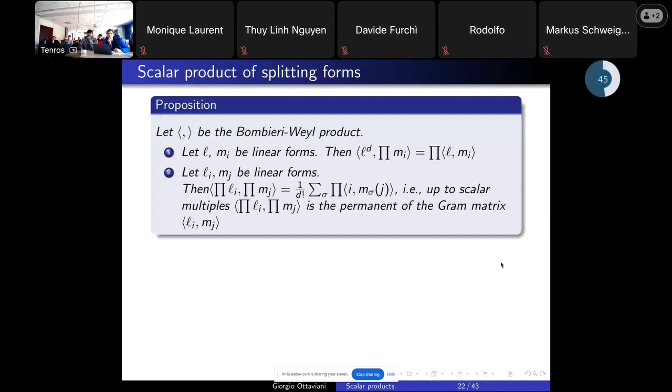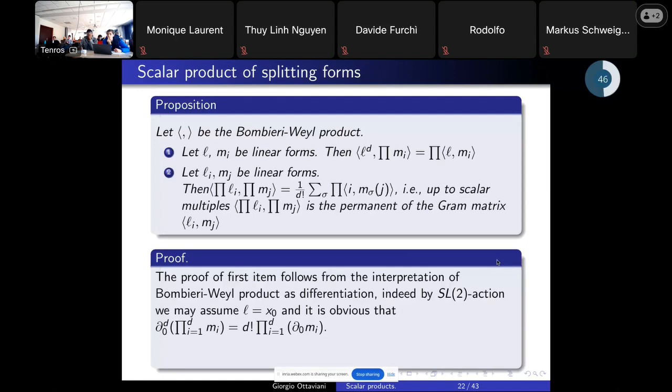And this is interesting because it gives a relation with the permanent. So if you have the polar product of two splitting forms, the expression you get is similar to the determinant, but with all plus. So this is exactly the permanent of the Gram matrix, which is pretty nice. Maybe let me skip the proof.